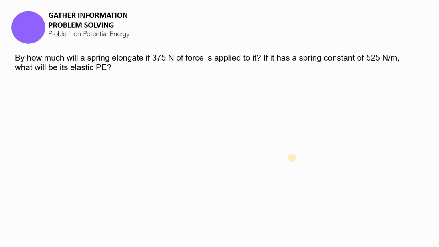By how much will a spring elongate if only 375 newtons of force is applied to it? Now, if it has a spring constant of 525 newton meters, what will be its elastic potential energy? So go ahead and list down your givens. Do not forget to label them properly with the units and identify your unknown.